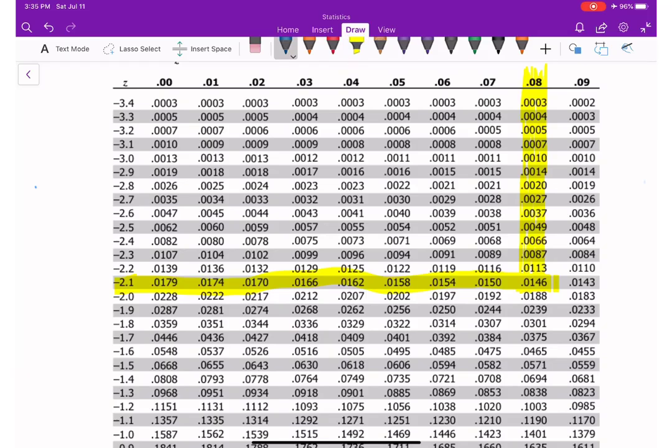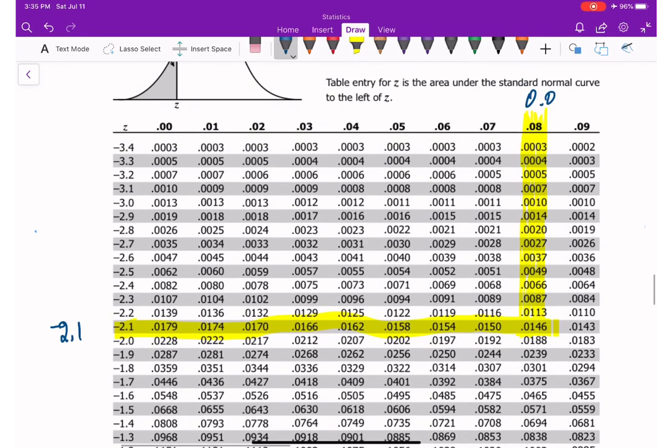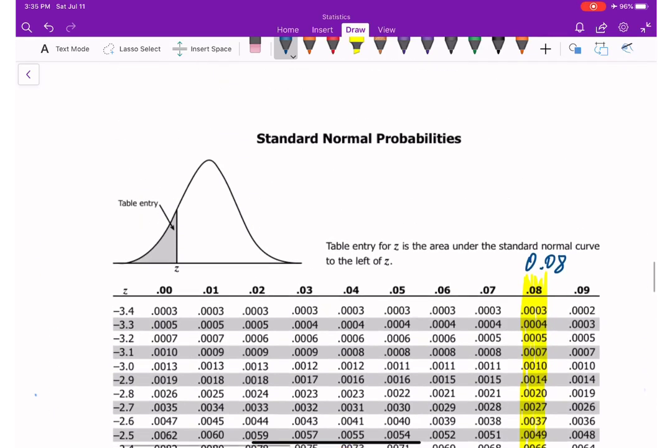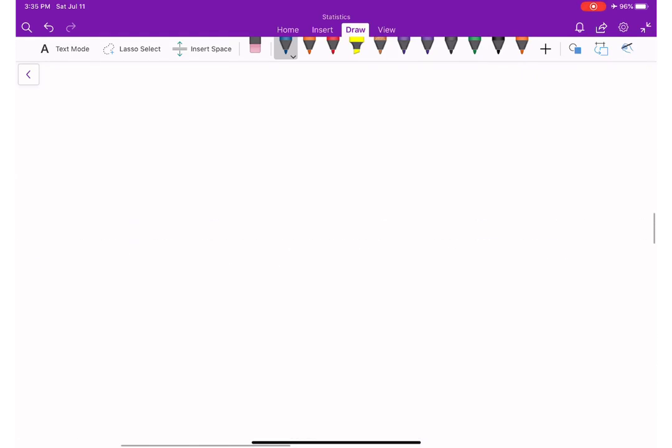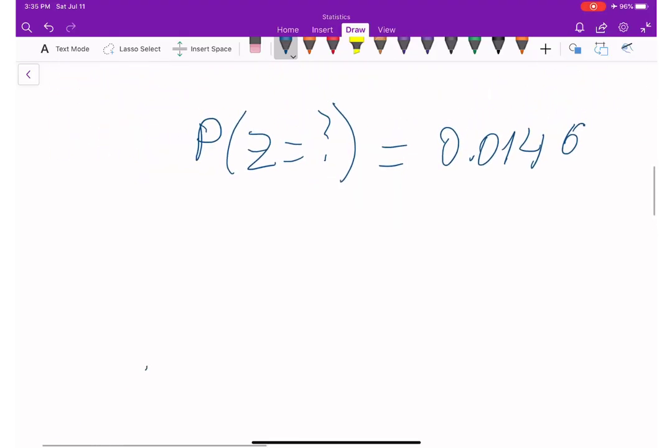So negative 2.1 is here, 0.08 is here. Together will be negative 2.18. And here I will write down negative 2.18.